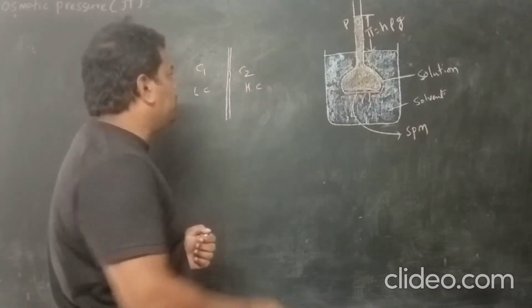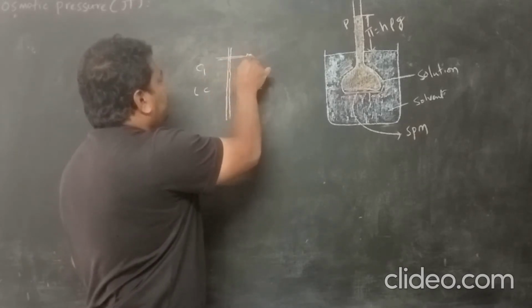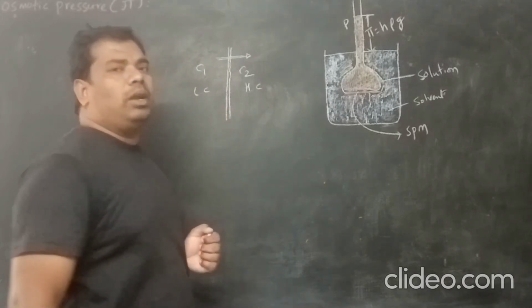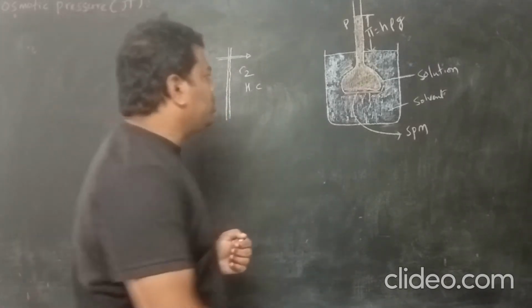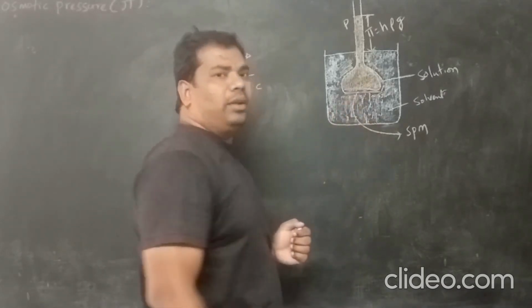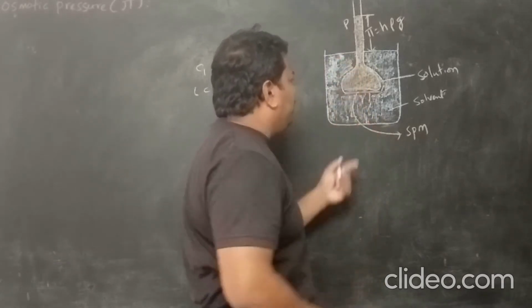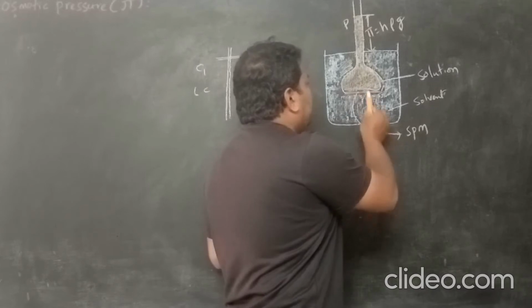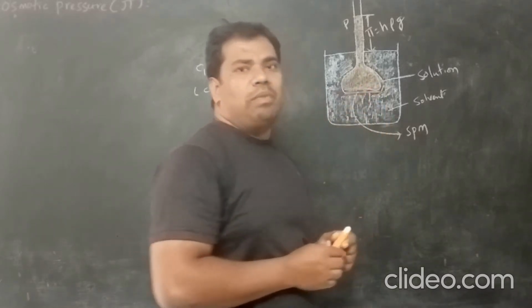What is osmosis? The flow of solvent molecules from low concentration region to high concentration region through a semi-permeable membrane we call the osmosis process. Okay, clear, student? So let us see the diagram. Here this is osmosis, this is the diagram. Here you can see the flow of solvent molecules from one concentration to another concentration through a semi-permeable membrane.